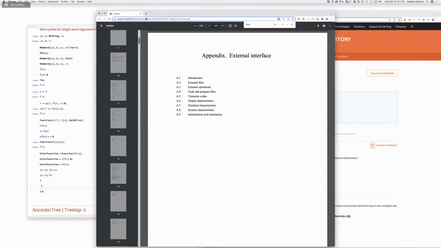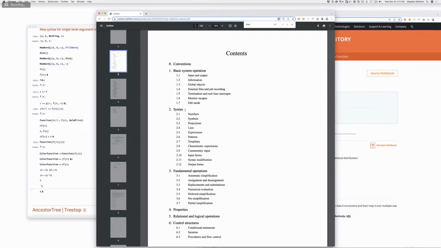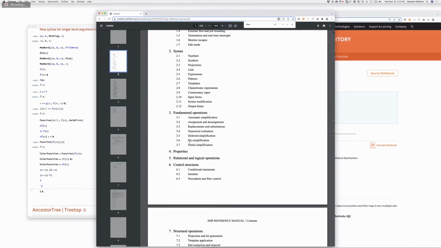I would imagine this would be in a section. There are some things here. Chameleonic expressions is another one of these super bizarre ideas. That was the equivalent of module variables, where you could have a single variable that every time it was mentioned would change its name. Where would this be? Maybe 2.7's templates thing.